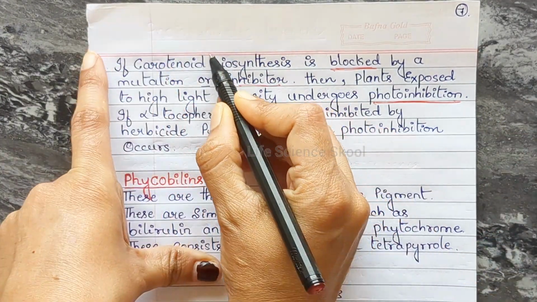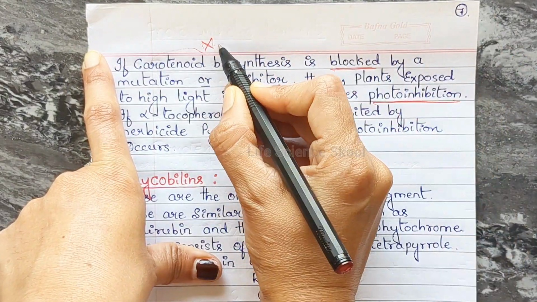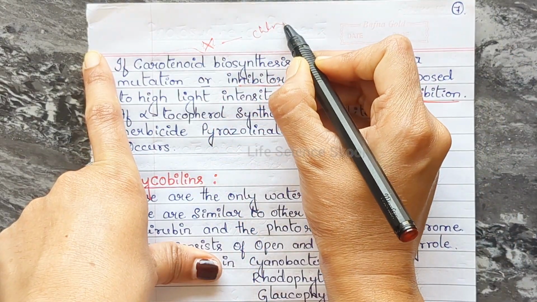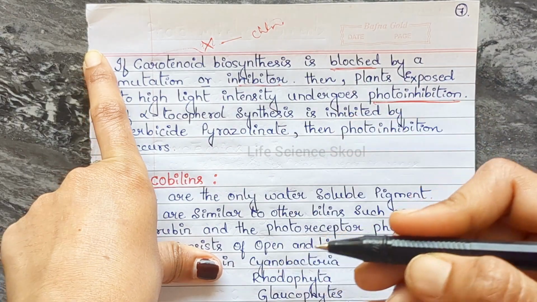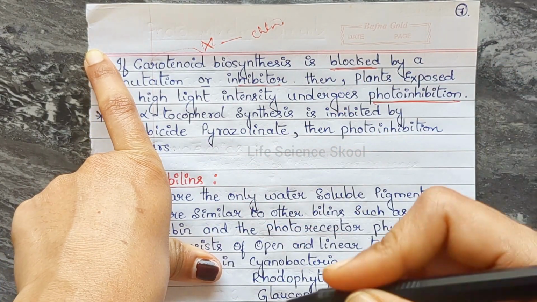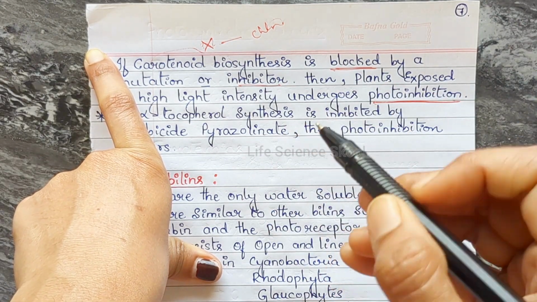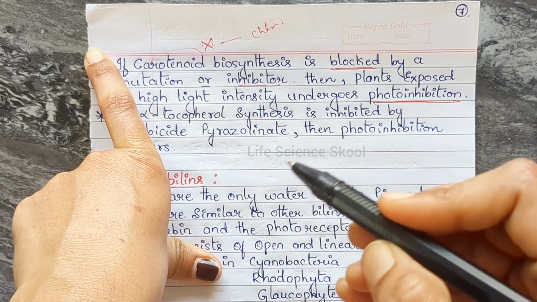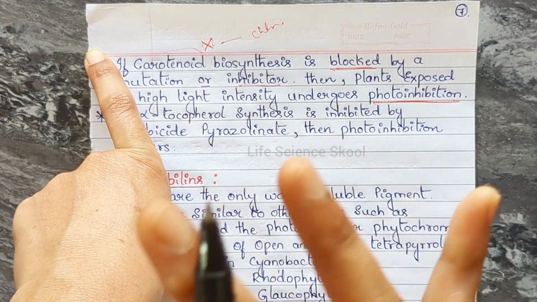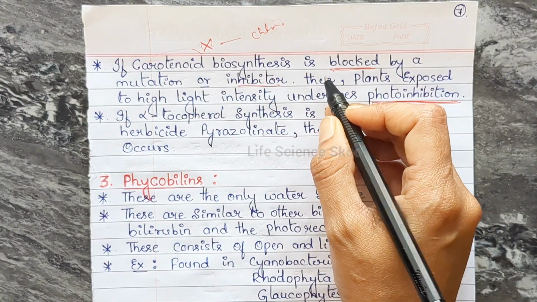But if the carotenoid is absent, then it is not going to protect the chlorophyll. Then chlorophyll is going to go to the triplet state, and after that, oxygen is going to react to form reactive oxygen species, and these are going to damage the thylakoid membrane. Then photosynthesis is not going to occur. That actually leads to photoinhibition. That's what it is saying here.